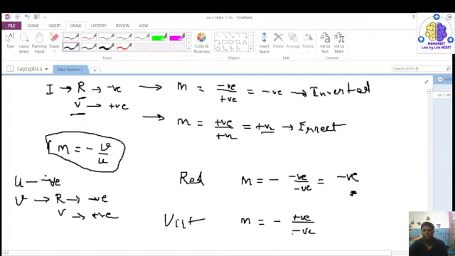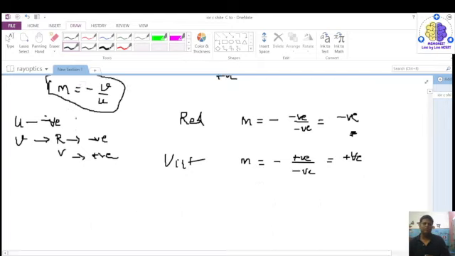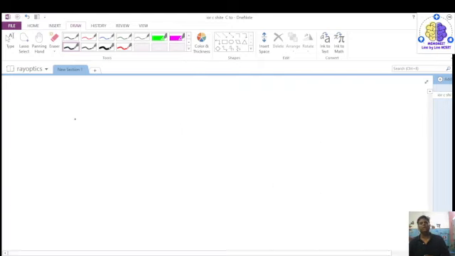So this fraction would result in negative, and this negative and negative becomes positive. So our answer will be positive. So here also what we see is that the magnification for a virtual image from the formula minus v upon u is also coming as positive, right? So if linear magnification is positive, then the image formed is virtual, and if linear magnification is negative, the image formed is real, right?